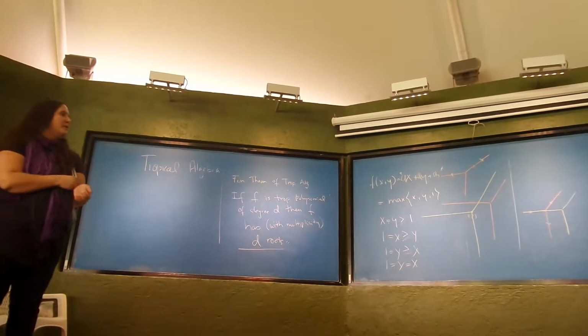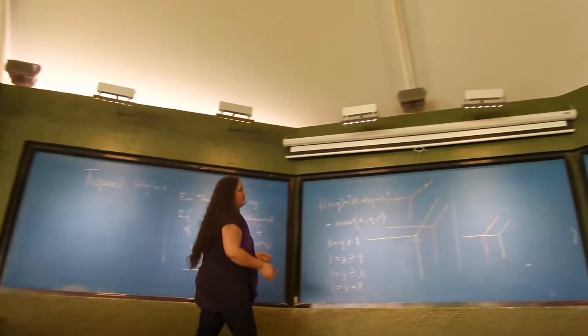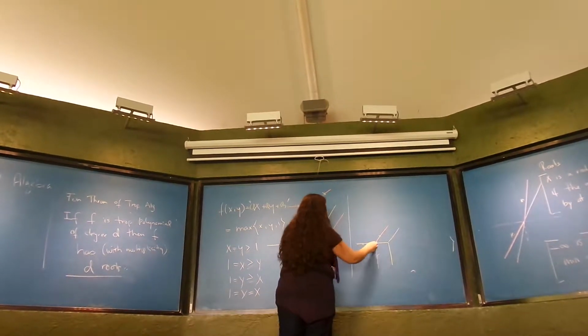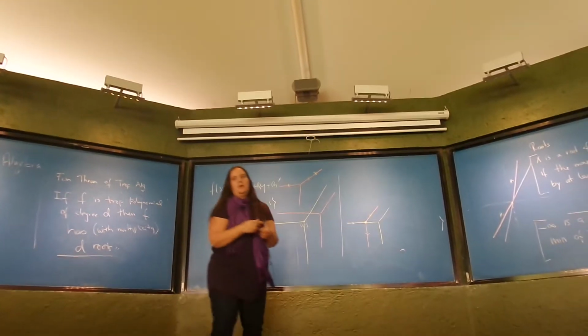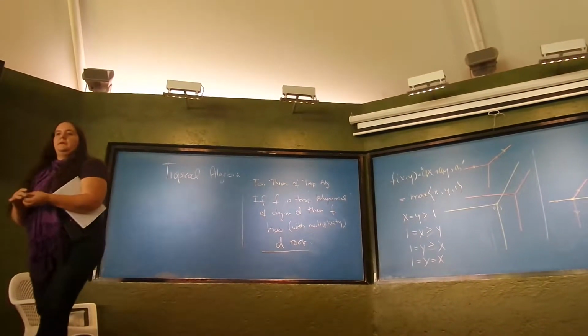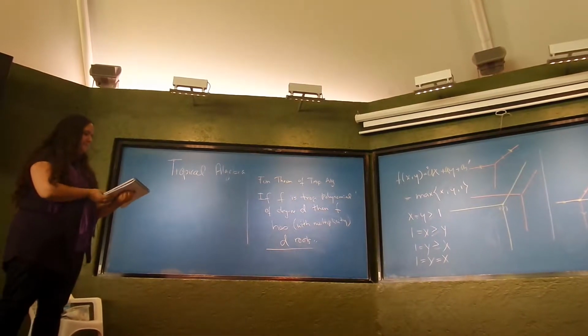Okay? We need the concept of tropical intersection. For example, this intersection is not the tropical one. The tropical intersection is only this point. Okay? But I will speak about it later when we talk about intersection theory. Okay, questions?